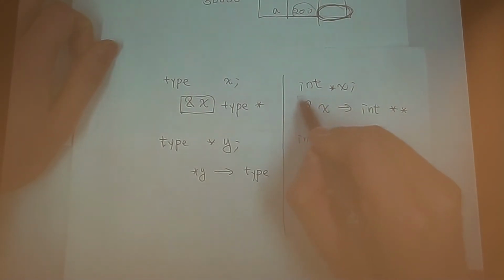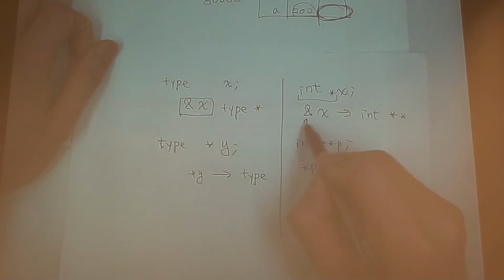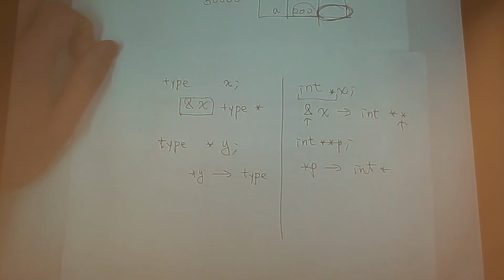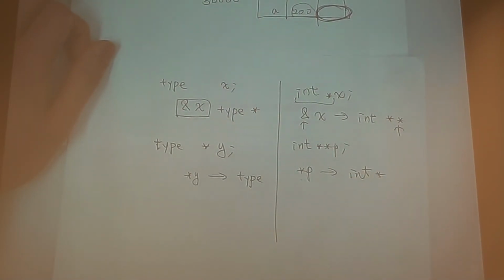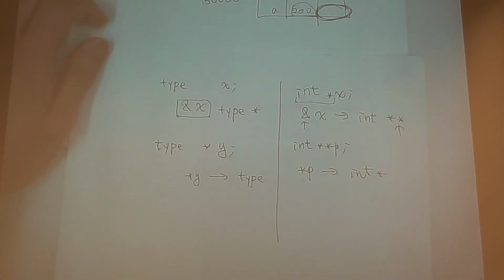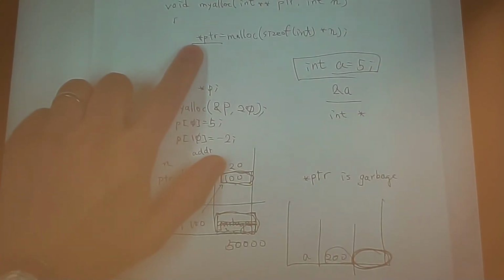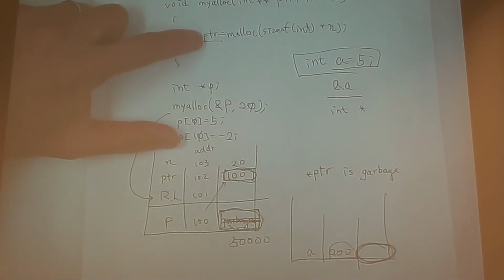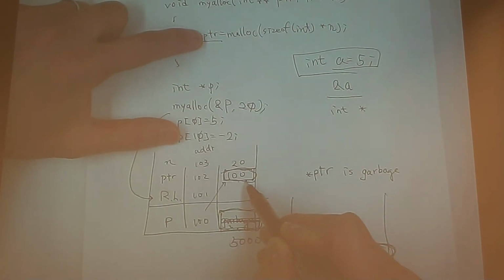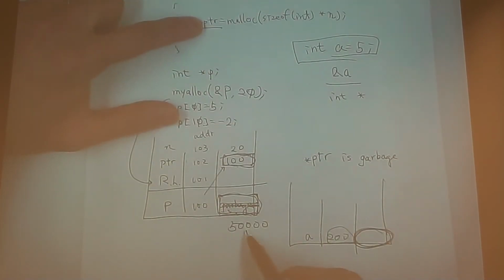So x is integer, ampersand x adds one more star. If p is integer star star, star p takes out one star, so it becomes integer star. That's the reason you need to have this. If you don't have this, PTR, you are going to modify this address, not this one.